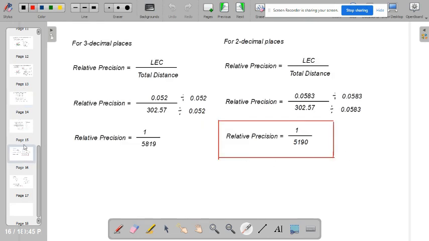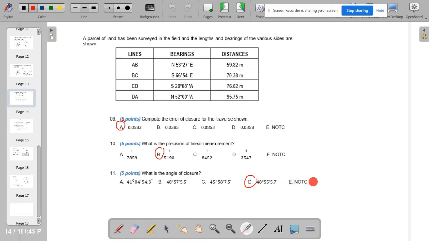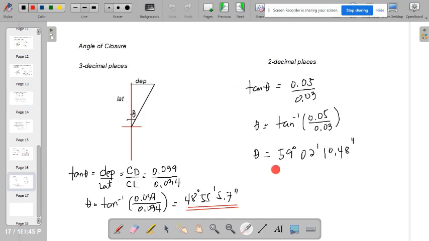Now, if nag-round off kayo ng NOTC tapos hindi ganito ang iyong sagot sa solution, I will mark it as wrong. Okay? Same as this one here. So, kung 48 degrees, 55, good. That's in the choice. But ito ang ginamit nyo at wala sa choice, this will be correct, as long as pareho, no? Baka pagdating dito, nag-NOTC kayo, tas tiningnan ko yung solution nyo, hindi siya lumalabas sa ganito. So, in that case, your answers will be wrong.